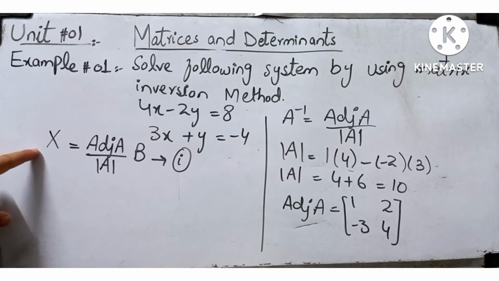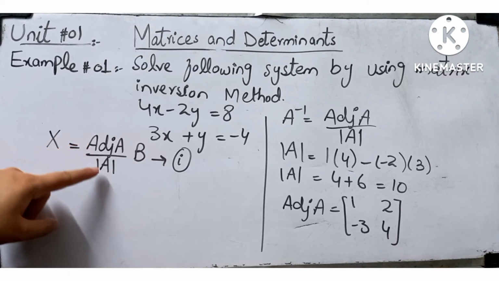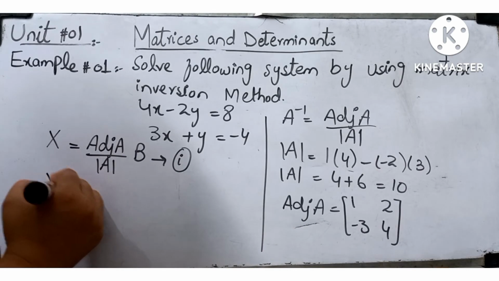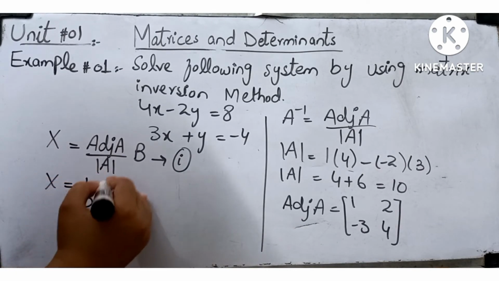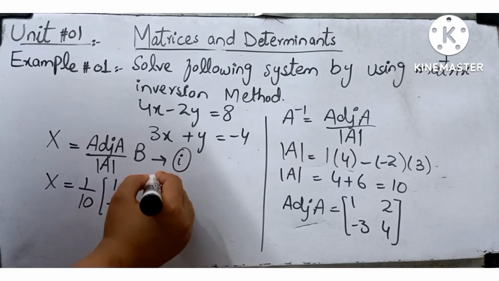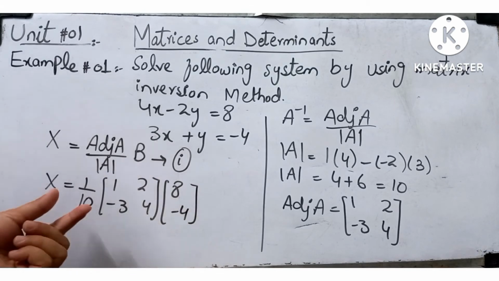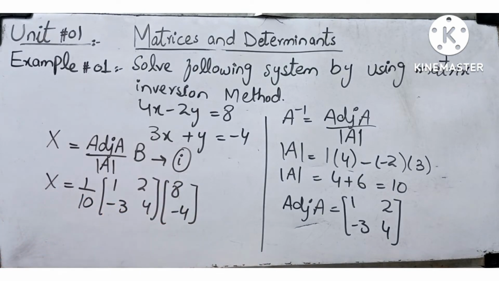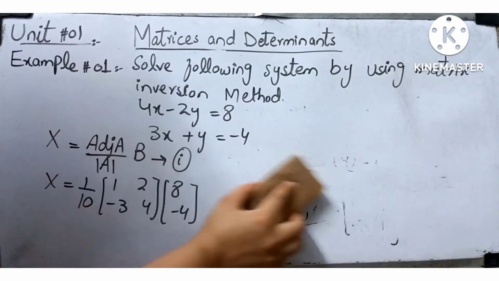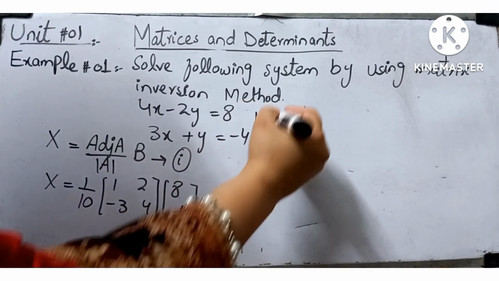Now in this first equation, write all the values: value of adjoint, value of determinant, and the B matrix. So X is equal to 1 divided by 10 into 1, 2, minus 3 and 4, and this matrix B, 8 and minus 4. Now multiply these two matrices to find x and y, and when we multiply these two matrices, we can get a solution.